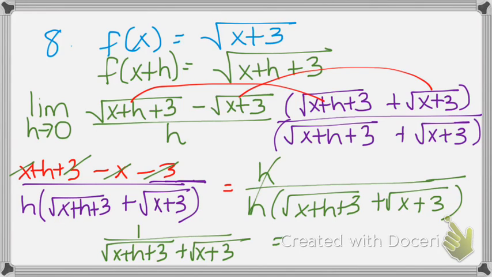And what's the very last step? What's the limit approaching? Is it x approaching 0 or h approaching 0? So this part is 0, which means you have 1 over, you can leave it as square root of x plus 3 plus square root of x plus 3, or if you wanted to simplify that, it is 2 square root of x plus 3.